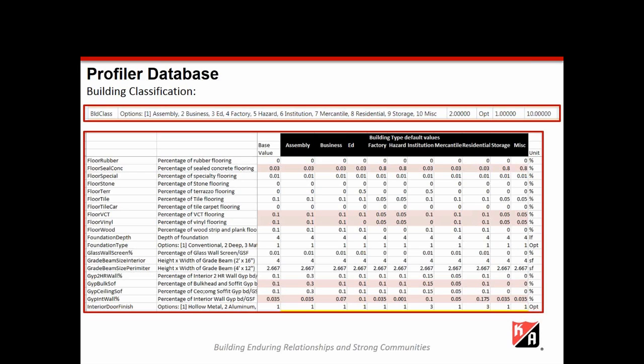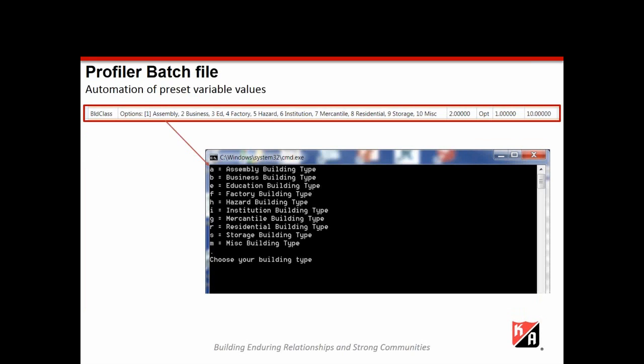We thought maybe there's another way we could do this, and the way we came up with is by creating a batch file. Instead of launching Profiler, you launch this batch file, and it asks the user to select your building type.